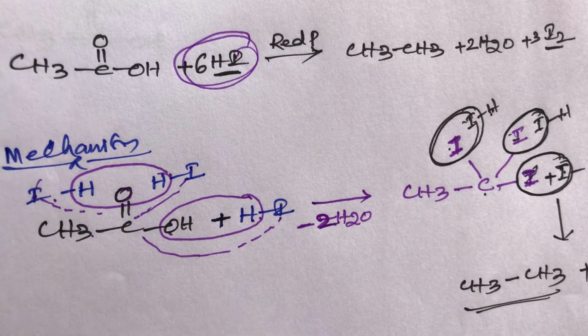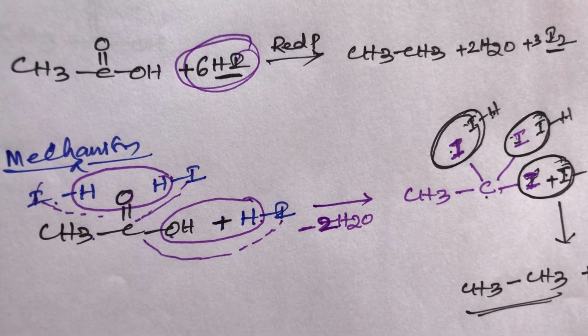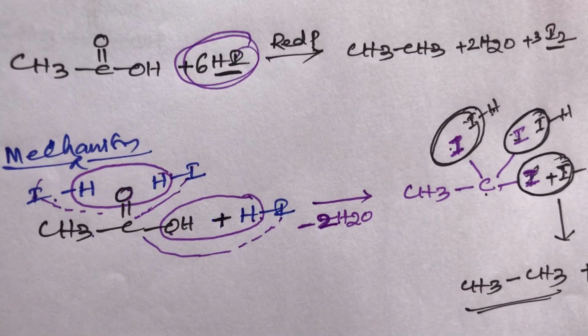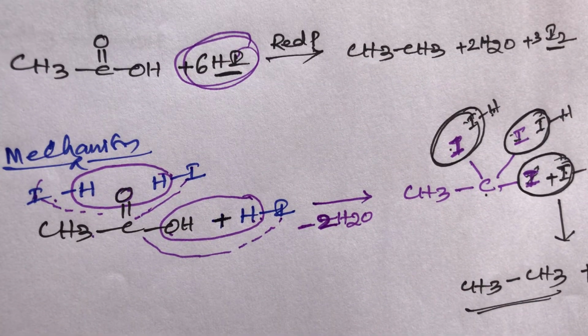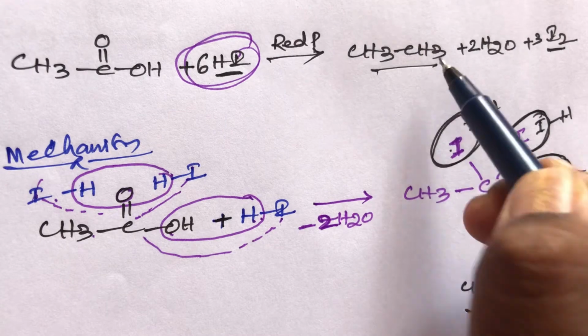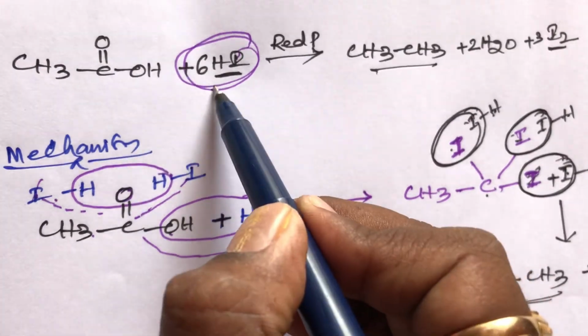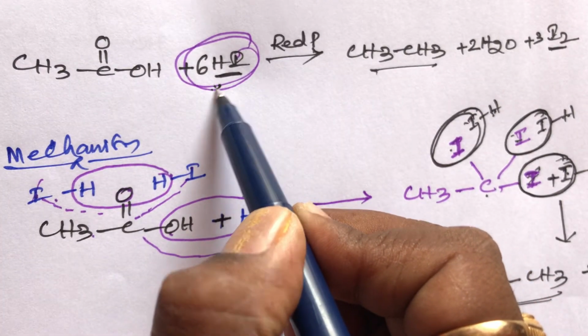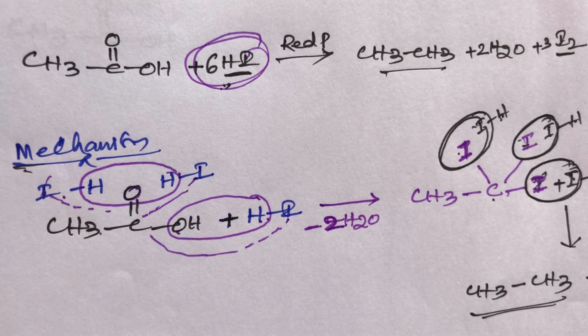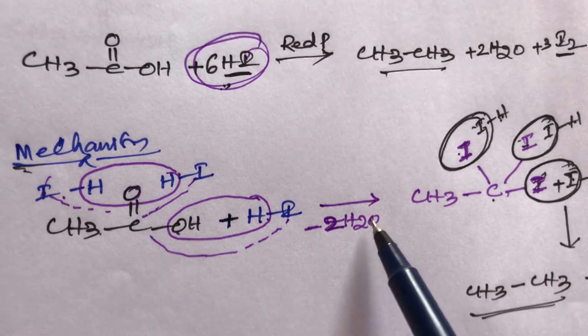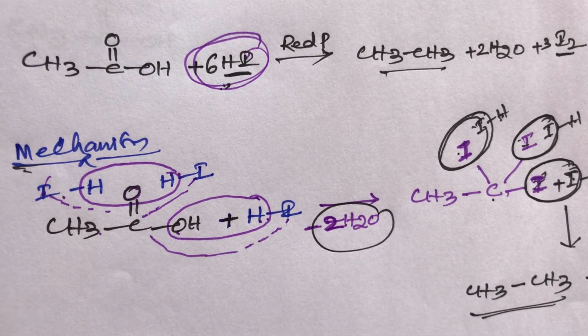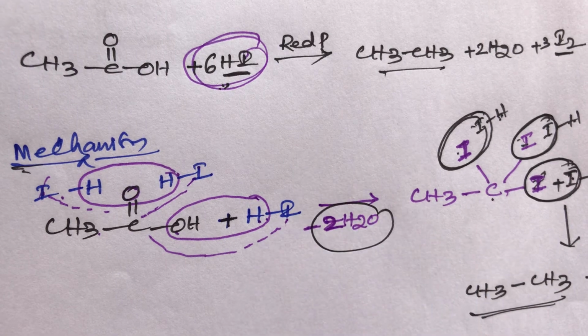In acetic acid reduction with HI in the presence of red phosphorus, it gives ethane. In this reaction 6 moles of hydrogen iodide are involved. In this mechanism, in the first step 3 moles of hydrogen iodide are involved, and the first step is water elimination, that is dehydration. In the second step, the remaining 3 moles of hydrogen iodide are involved.